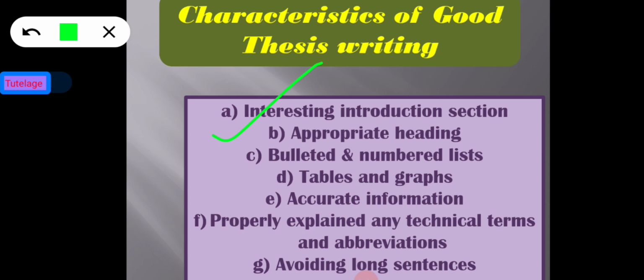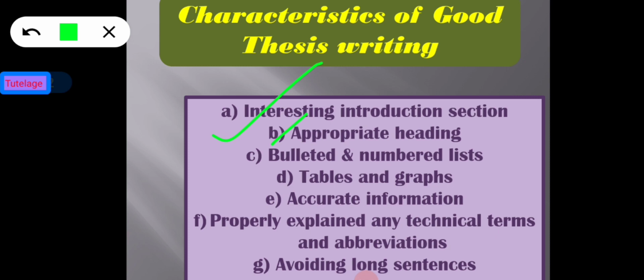Now going to the next point, that is appropriate headings. After the interesting introduction section, appropriate headings should be given for different sections and paragraphs. It is also one of the most important characteristics of good thesis writing.